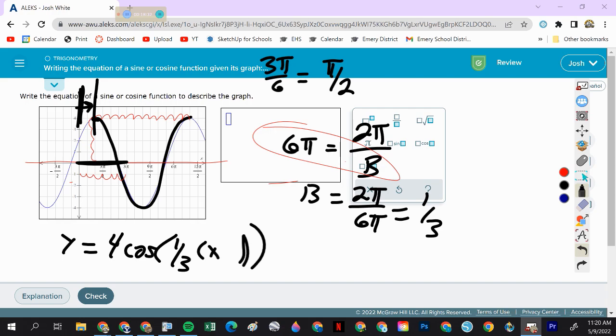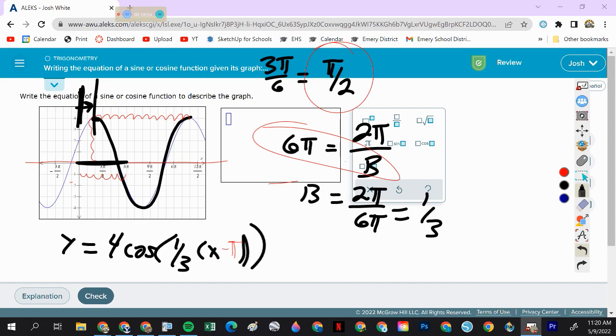No. Each line is pi over 2. So 2 lines would be pi. How do I shift to the right pi? Subtract pi. So 4 cosine of 1/3 times the quantity x minus pi.